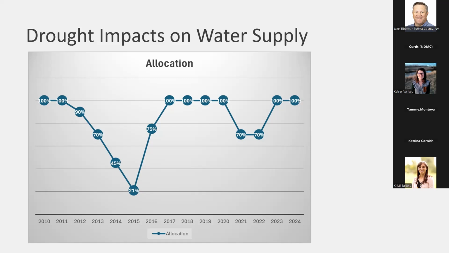But luckily, we were able to recover. 2017 was a huge year for snowpack up in the mountains, and that carried us through for approximately 4 years because of that just tremendous water supply we had then. Of course, drought returned, but then again in 2023, we had yet another big water year. And that got us back on track again for full allocations for our users.